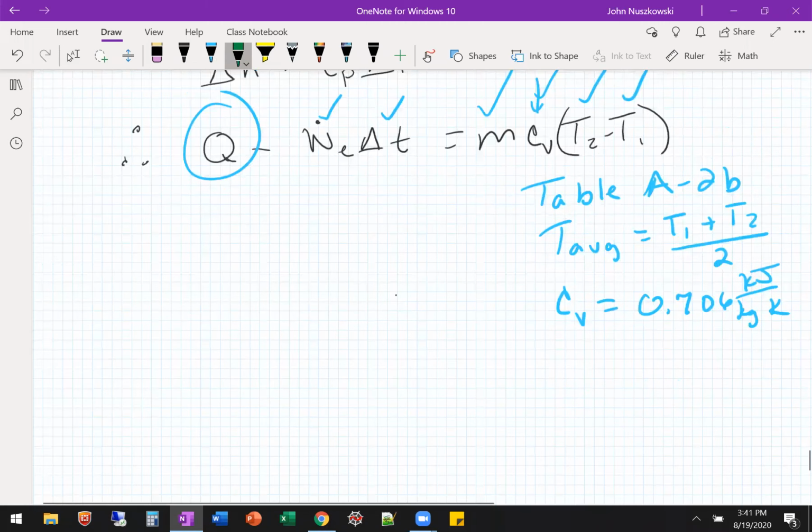The other thing I'll say is that we got a negative right here, and when we put in our power, it's negative 0.5 kilowatts. Then we have our delta T here.